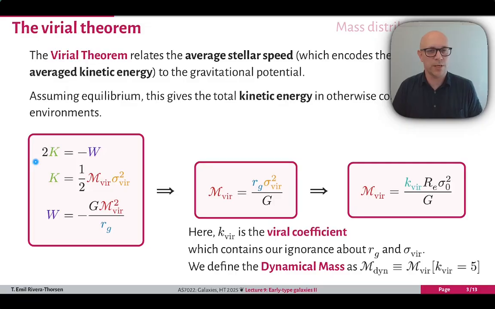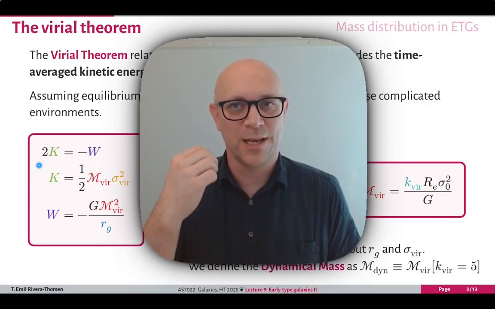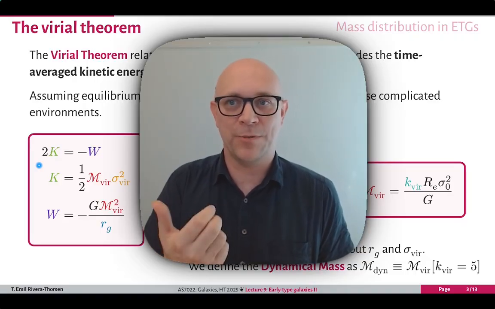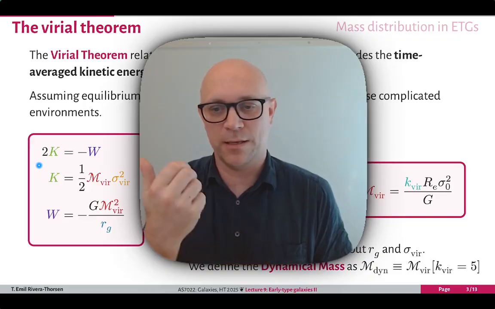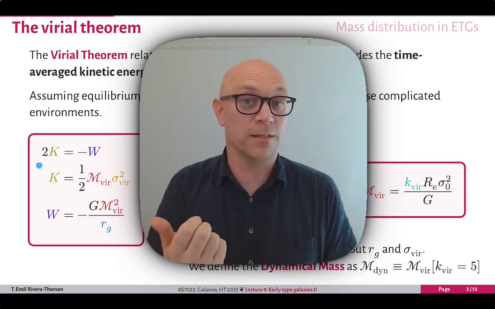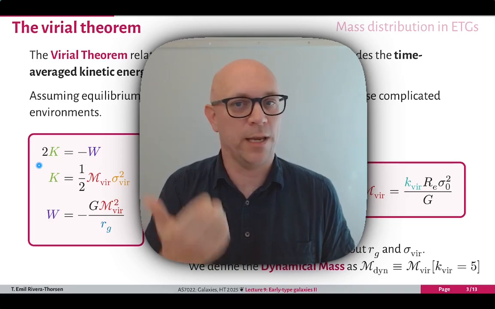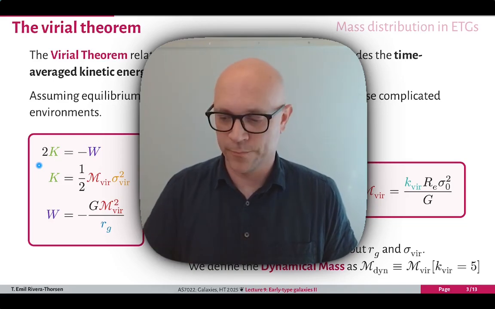But this is not so easy because we do not know exactly how we can mathematically formulate this. If we were going to do this absolutely completely correctly, we would have to map the mass and the velocity of every single star in a galaxy, potentially millions of light years away, and obviously we cannot do that.